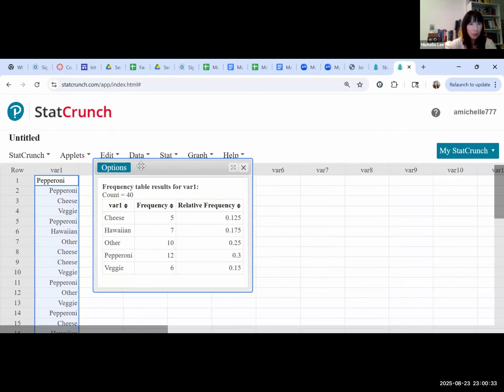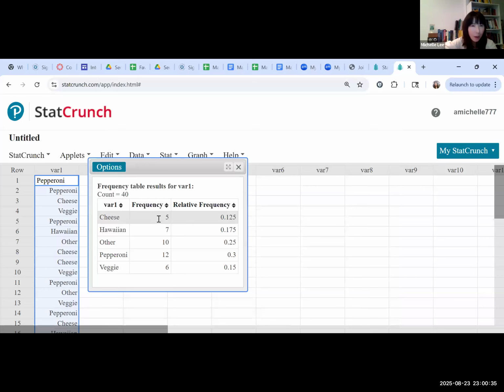Okay, so here we go. We have cheese 5. This is what we found earlier, right? Yeah, good job.